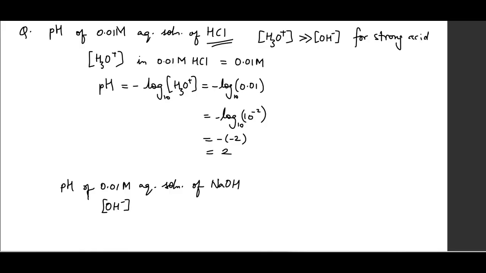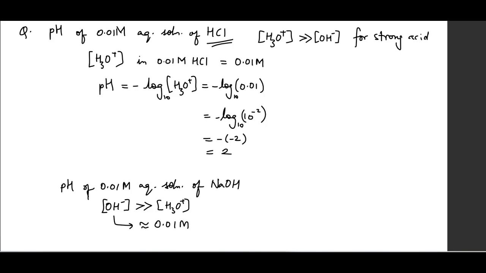So we approximated concentration of H3O plus as the same as that of HCl. Similarly, for a basic solution, concentration of OH minus is greater than concentration of H3O plus. So we can approximately say this is approximately equal to concentration of NaOH, which is 0.01 molar in this case.